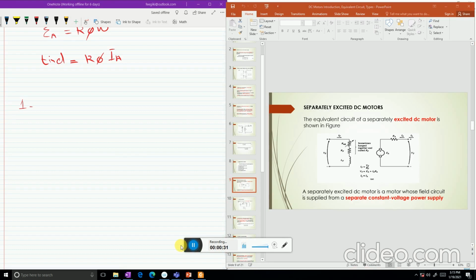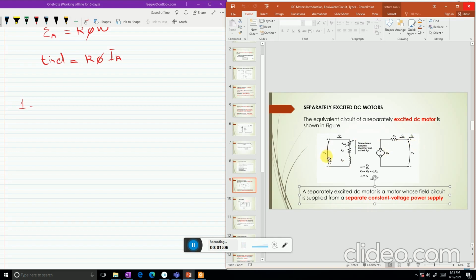The equivalent circuit of a separately excited DC motor is the one we drew before. What is a separately excited DC motor? It is a motor whose field circuit is supplied from a separate constant voltage power supply, from another source. It means its field circuit is supplied from one source and its armature circuit from another source.